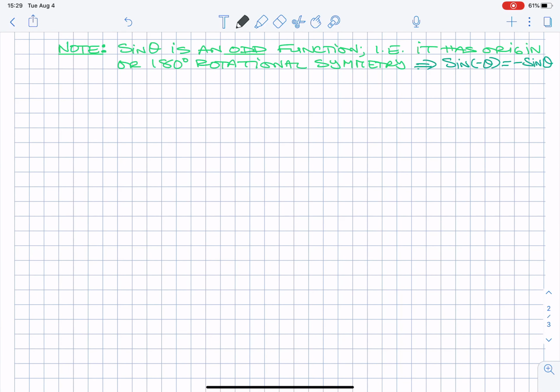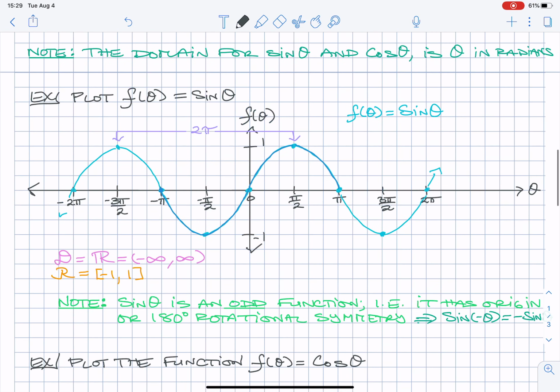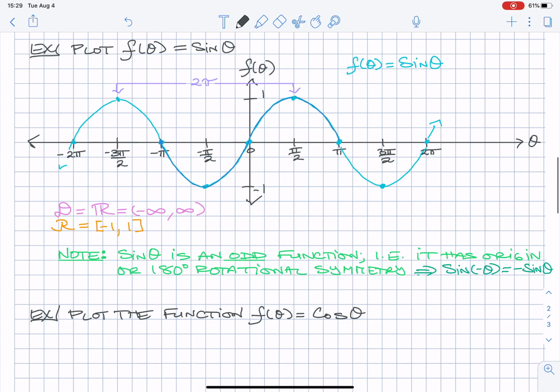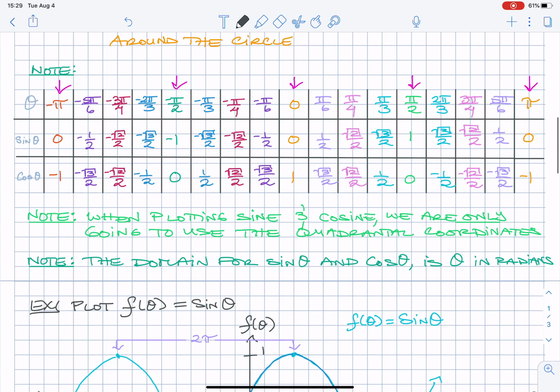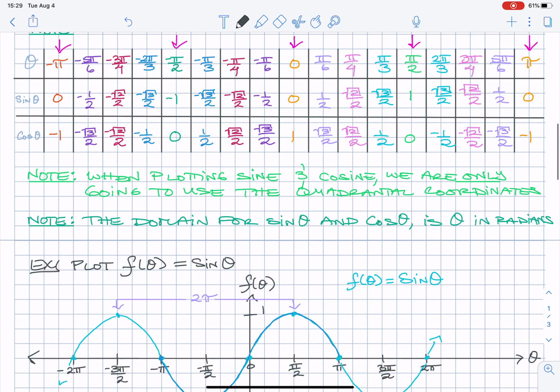Now let's look at cosine. So for example, let's plot the function f of theta is equal to cosine of theta. So now I'm going to use the same type of graph, very horizontally aligned, but now I'm going to use the cosine values that I had.